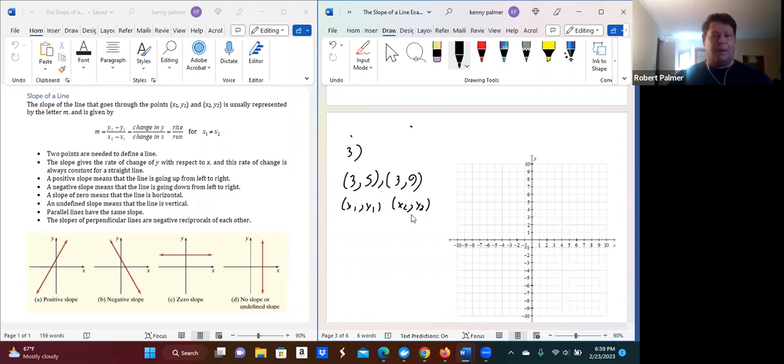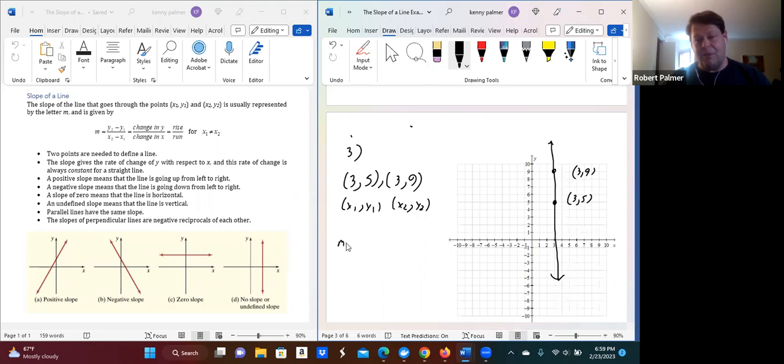Now, if I graph both of those, 3, 5 is right here, and 3, 9 is right here. But you see, if I connect those two points, this is going to be a vertical line. Now, as we said over here, a vertical line should mean we have an undefined slope. So let's make sure that happens.